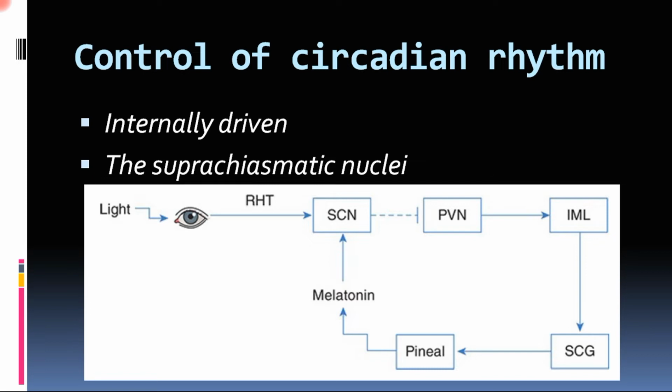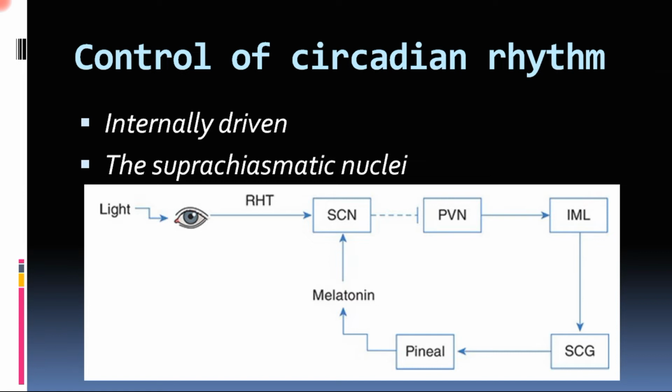And this circadian rhythm is internally driven. We would think that the light and dark environment controls the circadian rhythm, but even in the absence of the light and dark cycle, as in day and night, if an experimental animal is kept in a dark environment continuously, it still has the circadian cycle going on, because the centers which control the circadian cycle are located internally inside the brain.